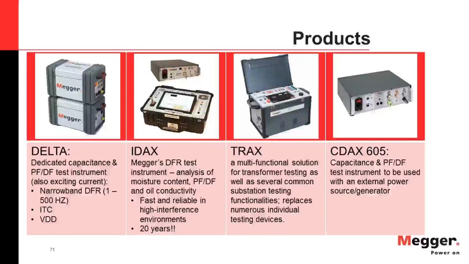Whereas DFR is absolutely what you need to be doing to keep track of, in this case, transformers, how wet your transformer population is. And you don't have to live in a wet climate to have wet transformers, because again, moisture is one of the byproducts of degradation and aging of solid cellulose and solid materials.